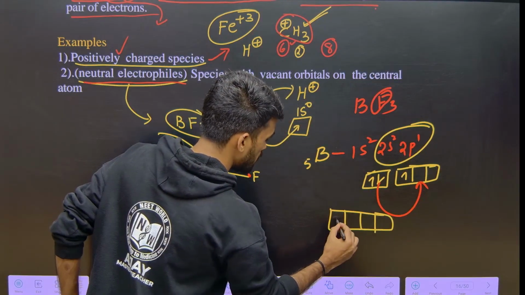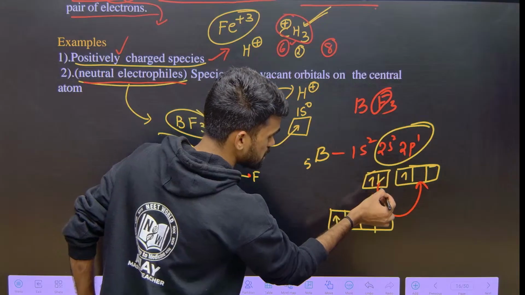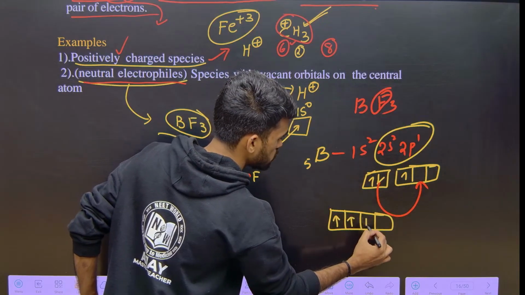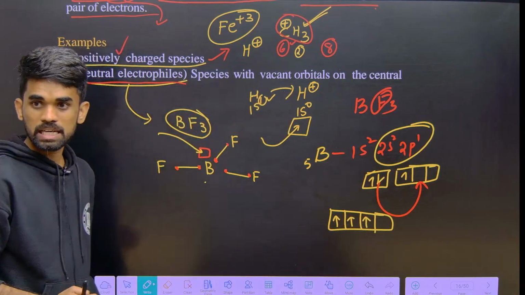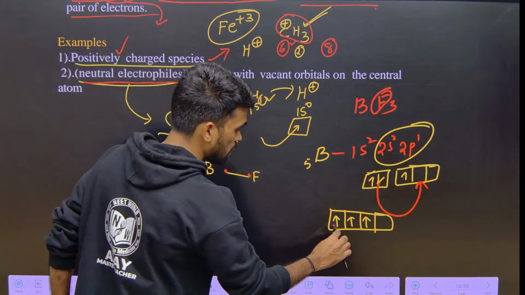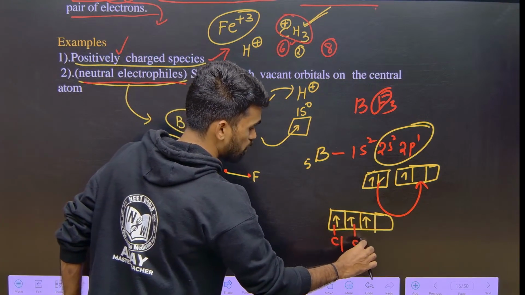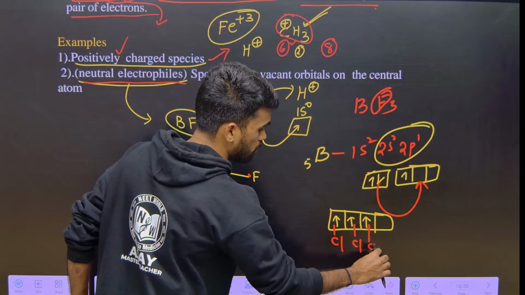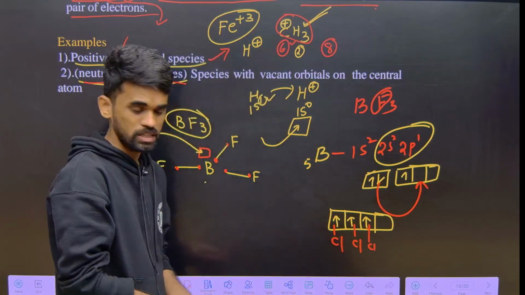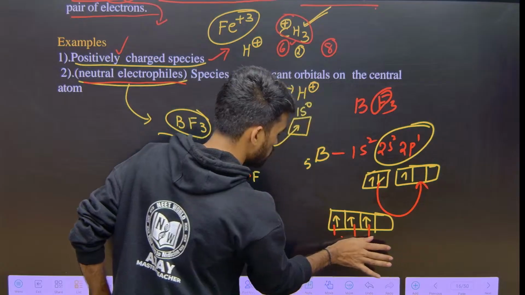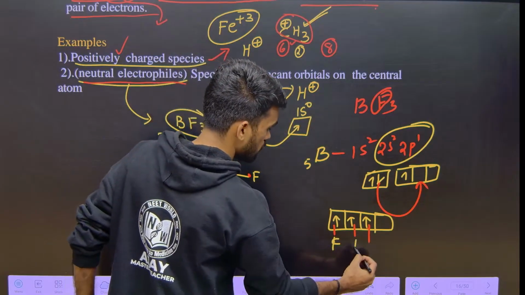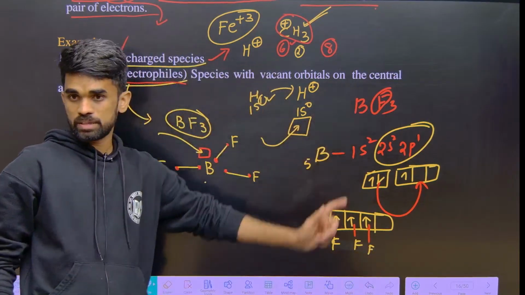One orbital here with one electron, see, this is jumping here, so you have 3 electrons like this. Is that clear? Now one chlorine will pair up with this, another with this, and another with this. Chlorine or fluorine, whatever it is. If I mention chlorine, you mention only fluorine here, in order to form BF3.